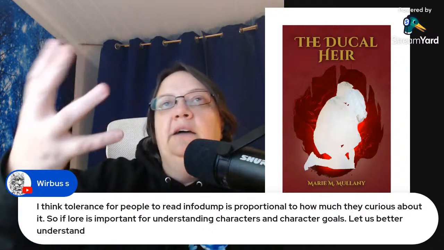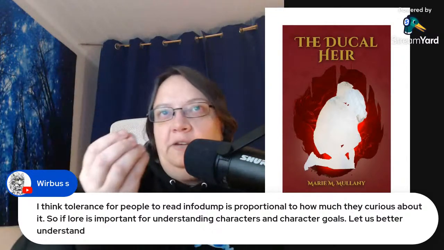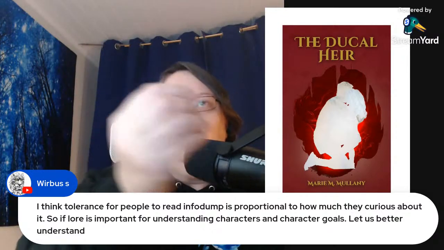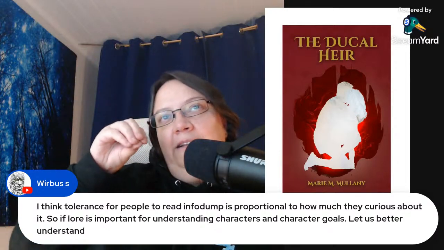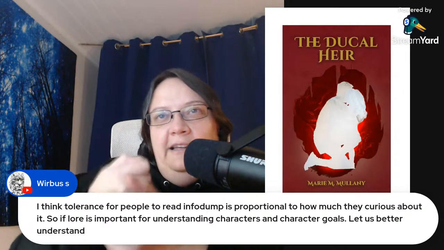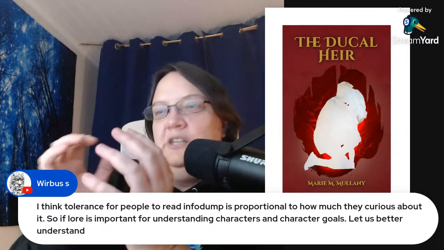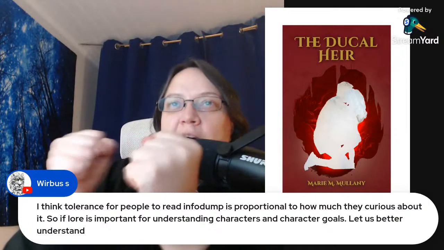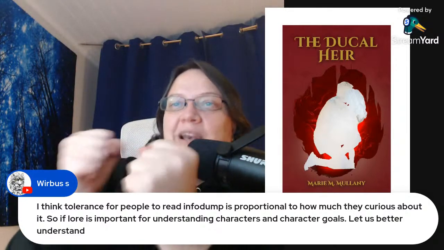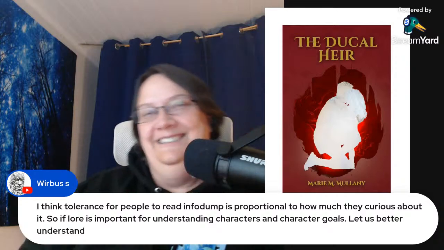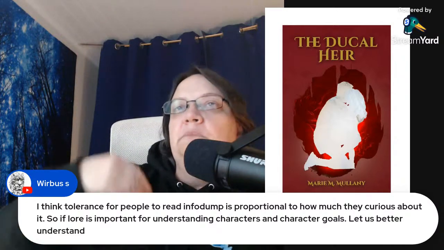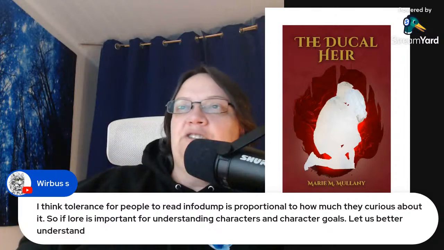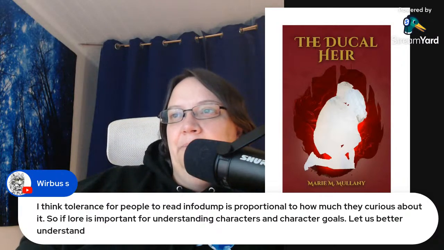You want to give them a little bit of breadcrumb here and a little bit of breadcrumb there. And then gently, gently, gently, you're reeling them in till they're in so deep and they're like, I have to know how this works. Explain it to me. And that's where you want the reader to be. So, gradually.